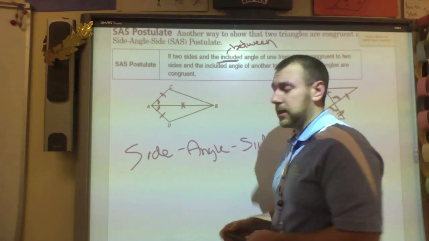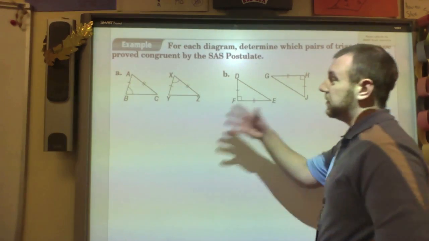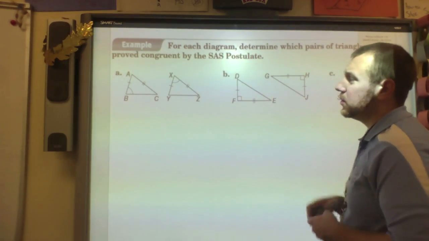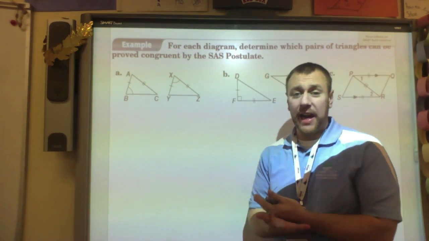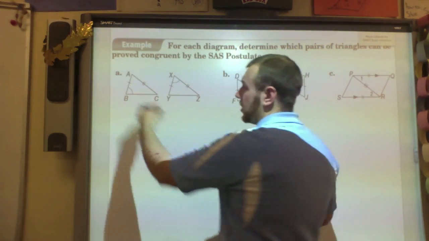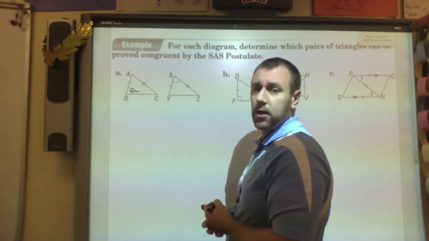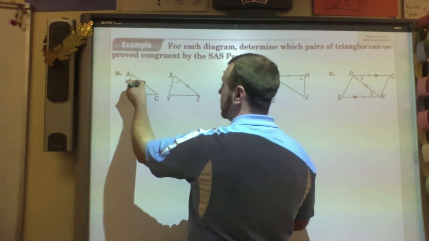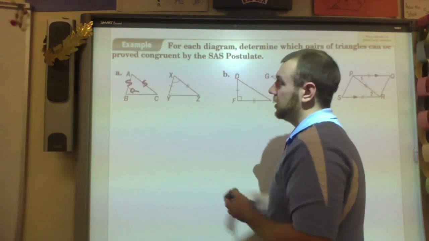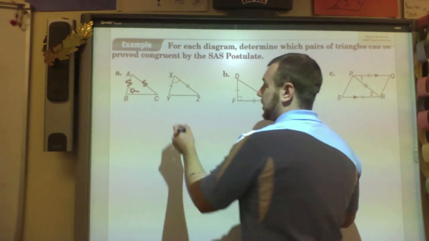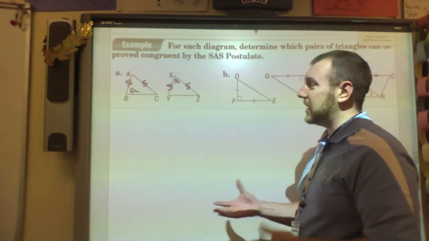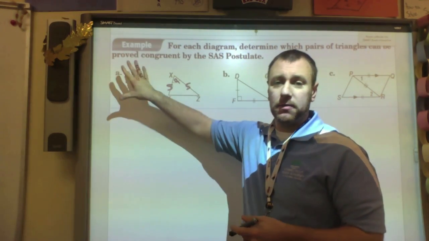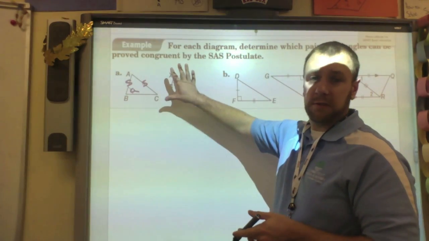To get a little practice on this, we have these examples. So one of the first things we need to do is identify what information we have. Okay? Well, this arc is an angle. Okay, this tick mark is a side, and this tick mark is a side. I can also label the same thing here. Now, what I'm deciding is, are these pieces of information the same as these pieces of information?